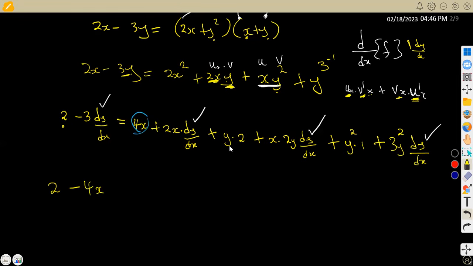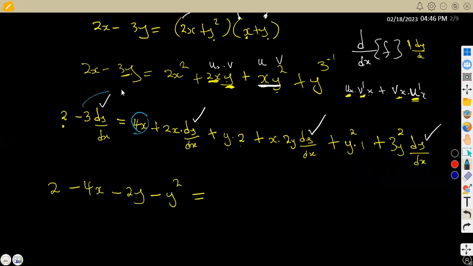We move on here. This is y times 2, which is 2y. If you transpose, it is going to be negative 2y, okay? Here it's y squared times 1, which is y squared. If you transpose to the left-hand side, it is going to be minus y squared, okay? So these are the terms that we have on the left-hand side. Then the rest with the dy dx, remember, we said we are going to transpose this negative 3. So before we forget, let's transpose it now.